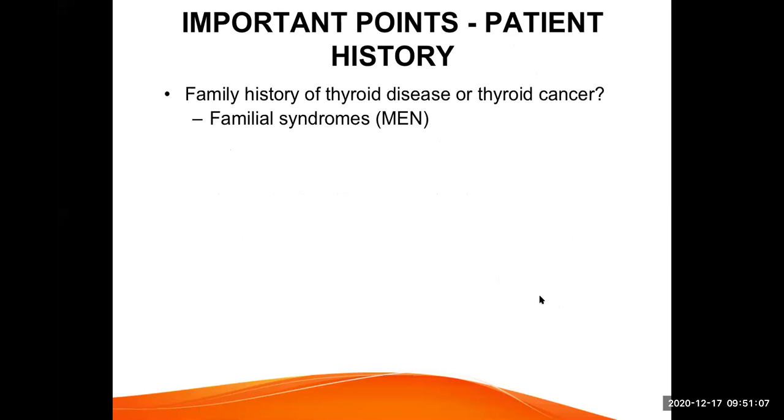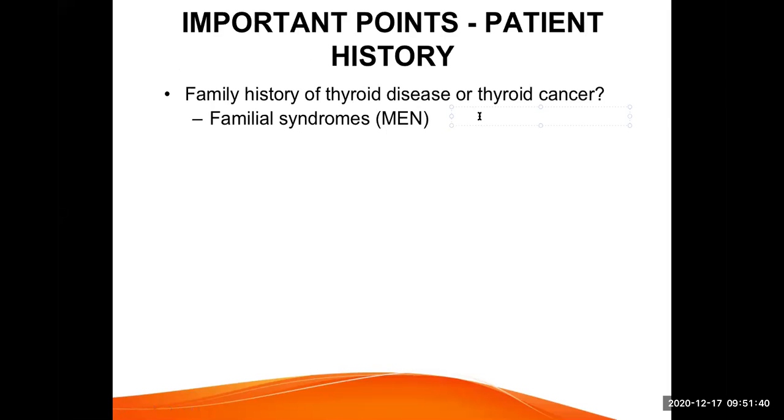Now, there is a condition which is known as familial MEN syndrome, meaning multiple endocrine neoplasia syndrome, and it may run in the family as an autosomal dominant disorder. So let me talk a little bit about this. I will repeat it again later on, but this is very important knowledge for you. So let's talk about it.